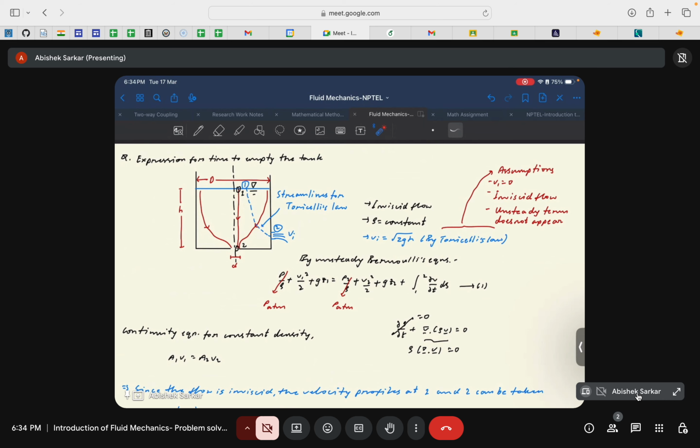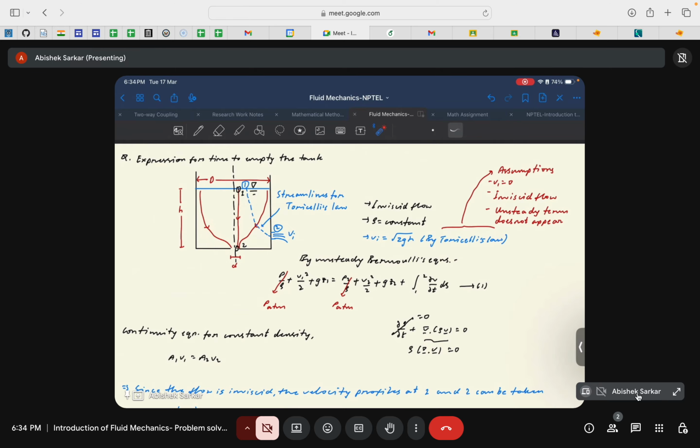What you can observe in all these cases is that the streamline more or less remains straight throughout the depth of the tank and only curves around the exit. And if the flow is inviscid, this change is more abrupt towards the edges.